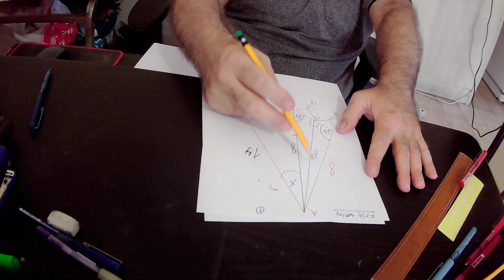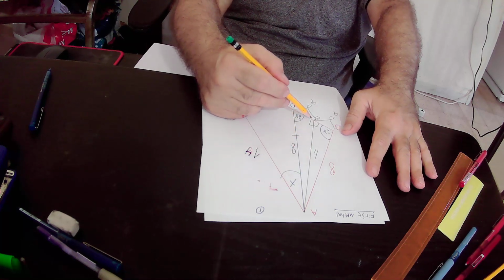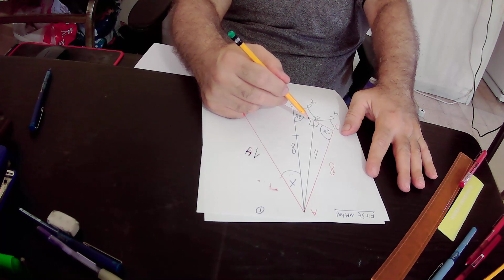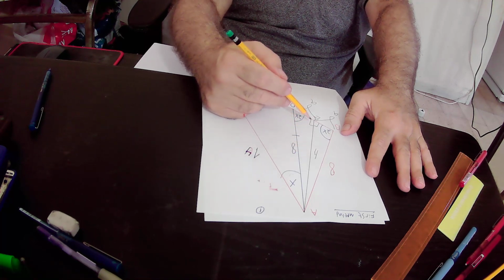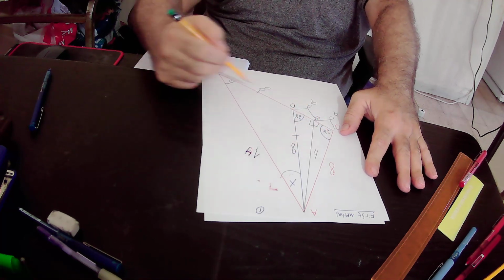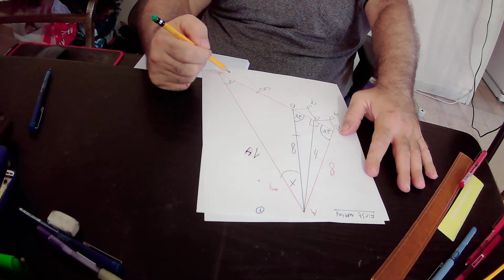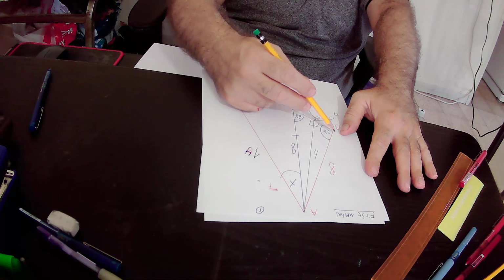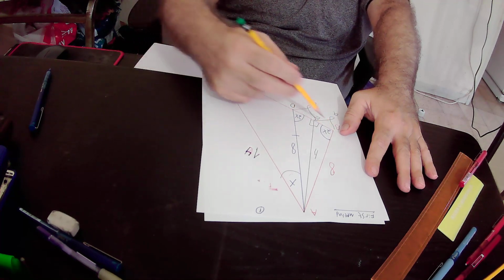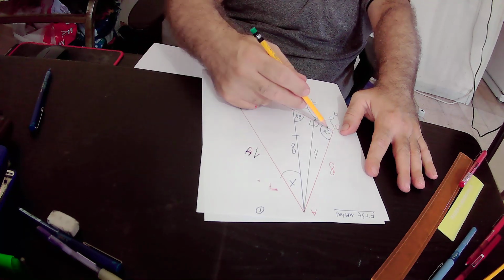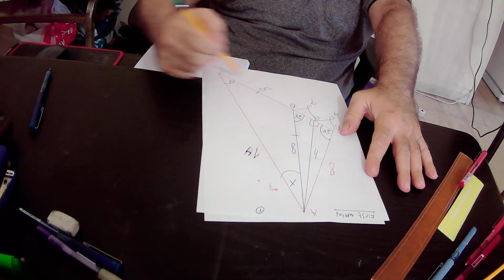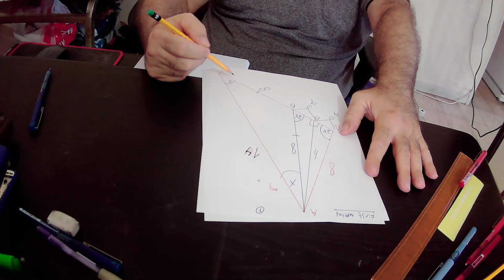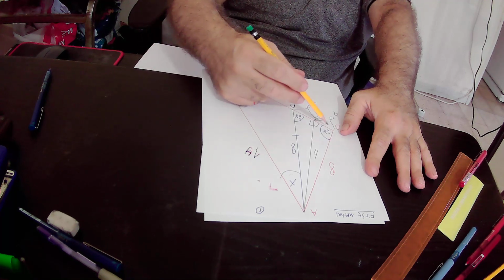So if we draw a perpendicular to BD, then AE will also be perpendicular to BC, because BC and BD rest on the same straight line, that is BC.